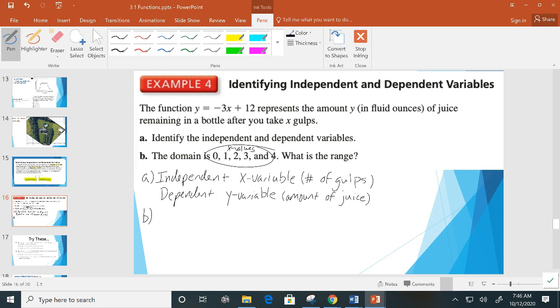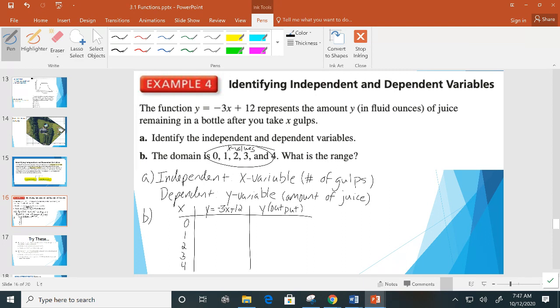So we can create a table if we want. Here are my x's, or my input values: 0, 1, 2, 3, and 4. I'm going to plug them into my equation, y equals negative 3x plus 12, to get my y values, which is my output, and eventually my range.